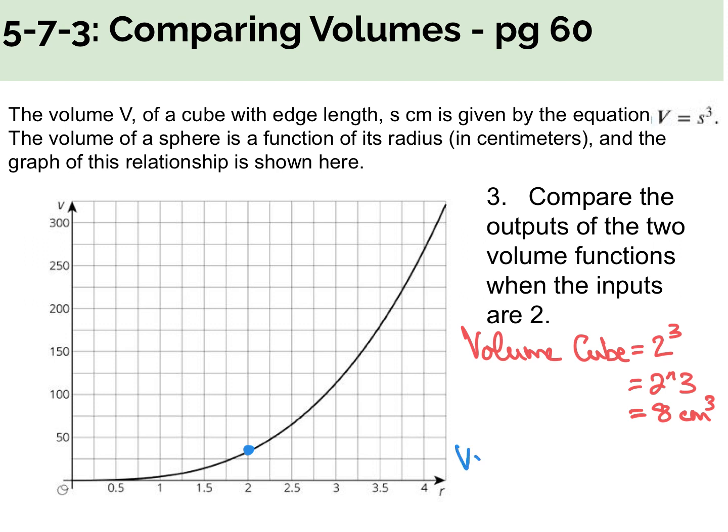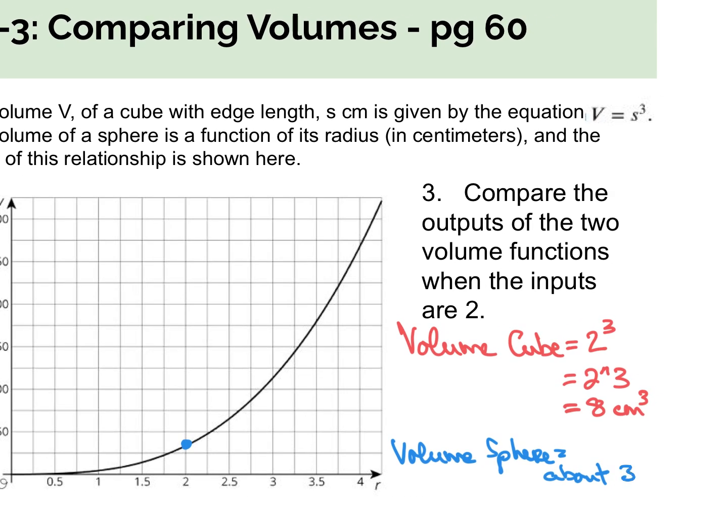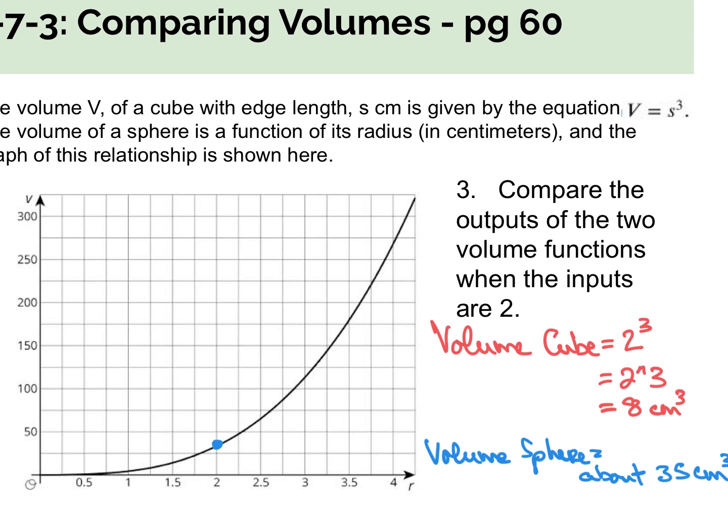I'm going to say volume of the sphere, we're kind of estimating, about 35 centimeters cubed. Okay, so which one's bigger? Well, the sphere. Which one's smaller? Well, that's the cube. Awesome. So again, we're just comparing 2 different things. This time we're comparing an equation with a graph.